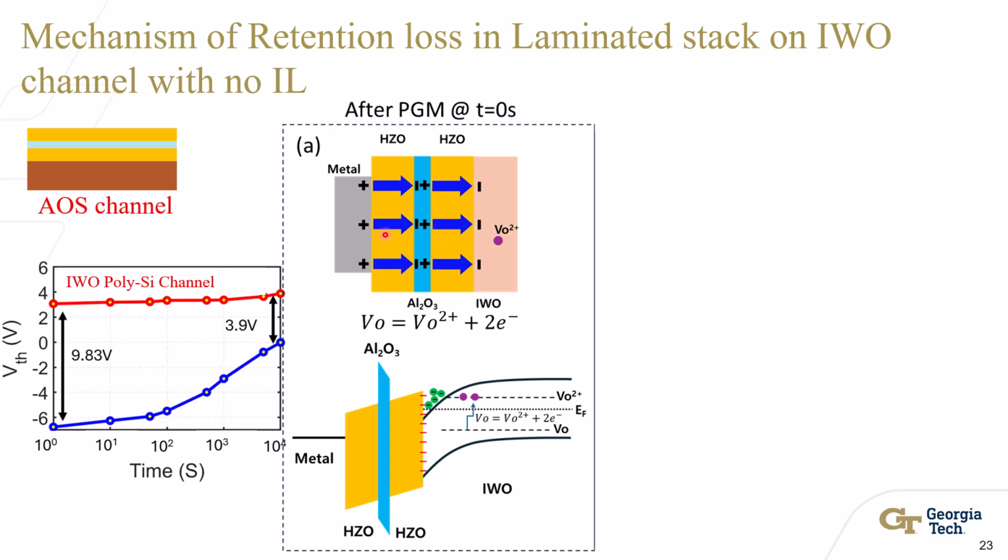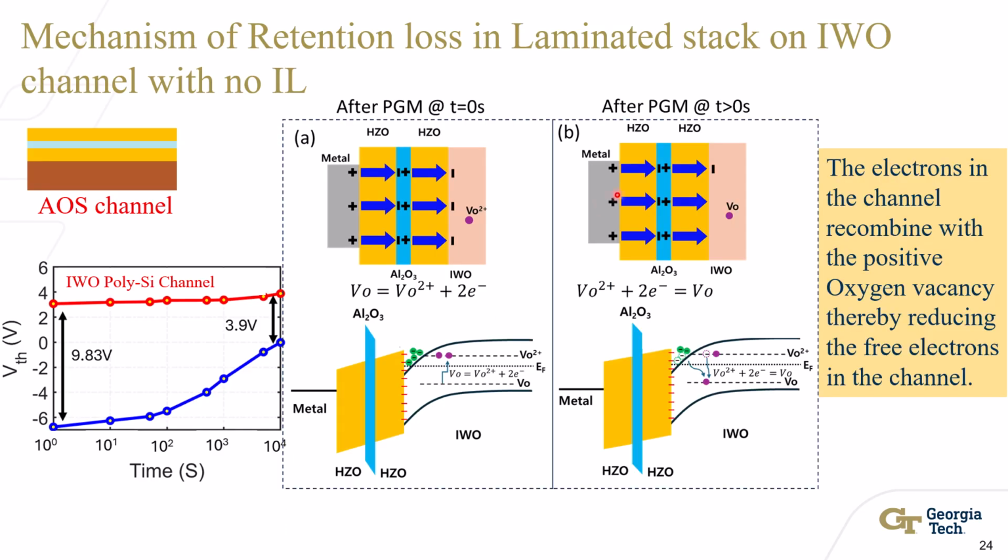At the same time, since we apply a large bias, some oxygen vacancies are also produced in the channel. We get these from the neutral oxygen vacancies, which produce positive oxygen vacancies and give away two electrons.